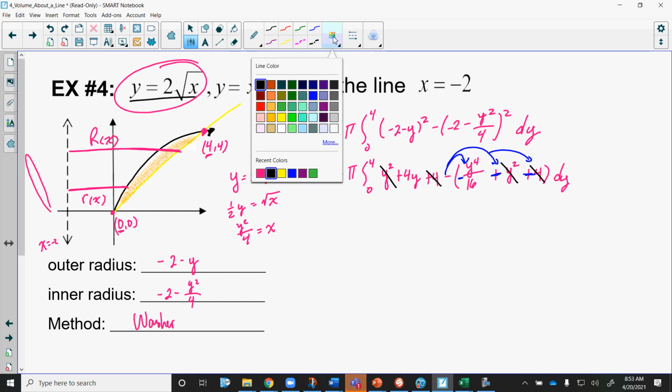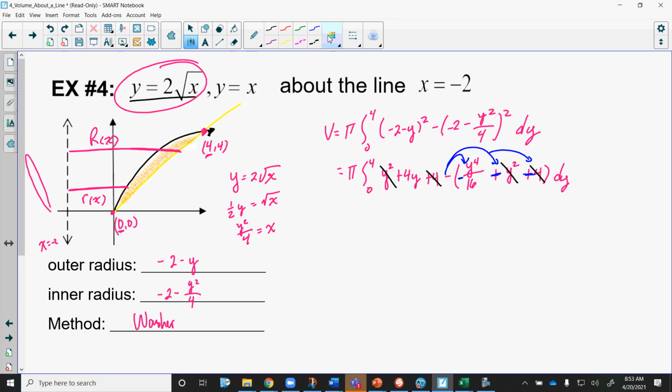So I'll be left with my integration, pi from 0 to 4, of 4y minus y to the 4th over 16 dy. So let's see what we wind up getting here when we do our antiderivative.